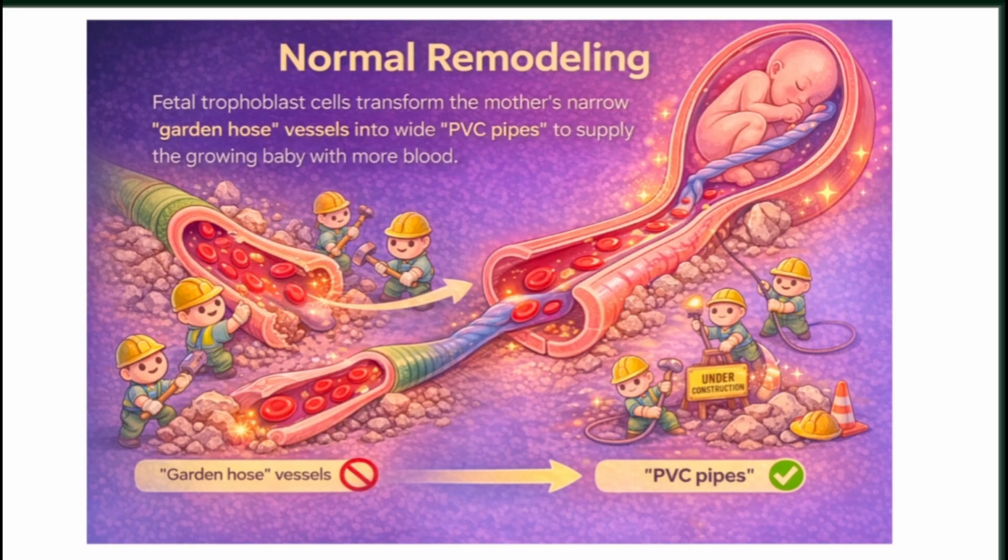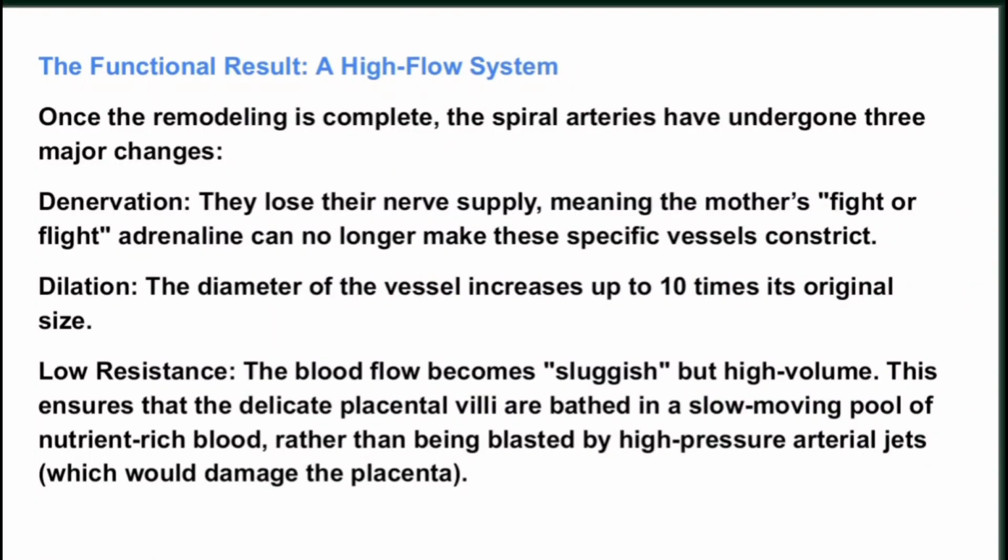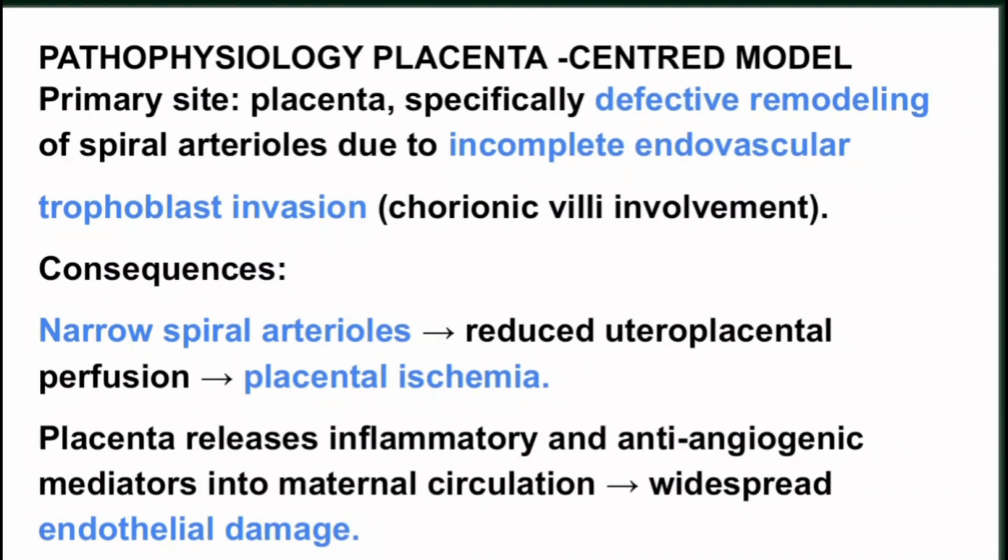So if this does not happen, if the baby does not get what it wants, or if the baby does not negotiate well with the mother, the mother ends up developing preeclampsia due to the incomplete trophoblastic invasion. Okay, so I hope this has made a lot of sense, and we're going to look at the actual pathophysiology now.